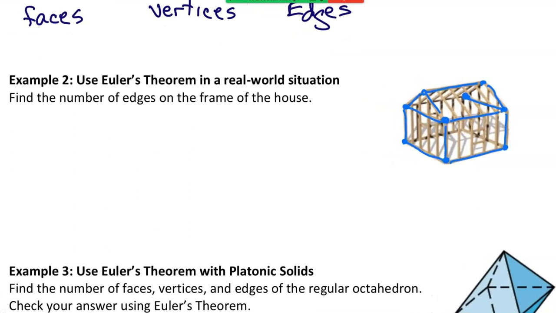Okay, so find the number of edges on the frame of the house. Okay, so we know that F plus V equals E plus 2. So they want to figure out the number of edges. And I was saying sometimes it's hard to count edges. So I thought maybe we'll just count faces.